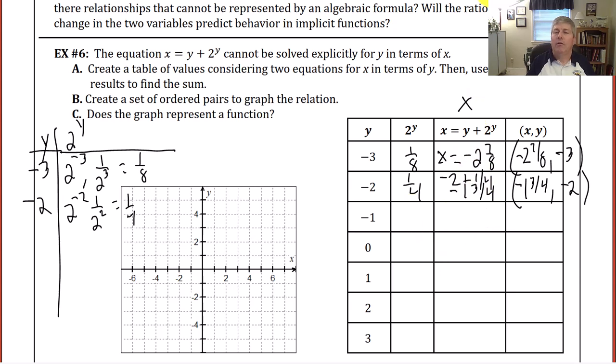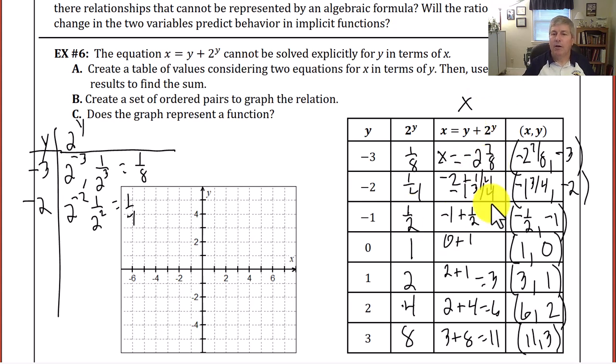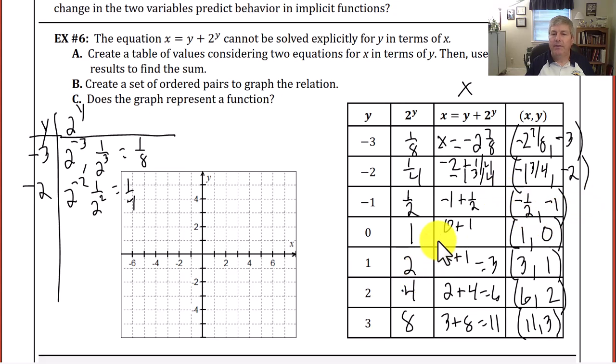So I've taken the liberty to complete the table for you. And we have our 2 to the y values, which make up our x values. And then our ordered pairs of x, and then our original y.